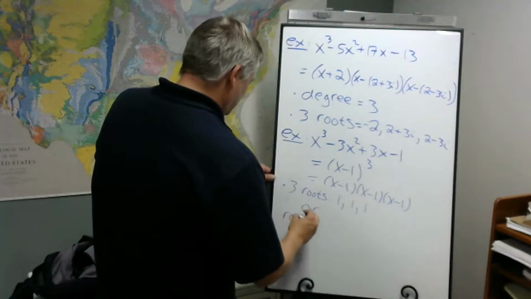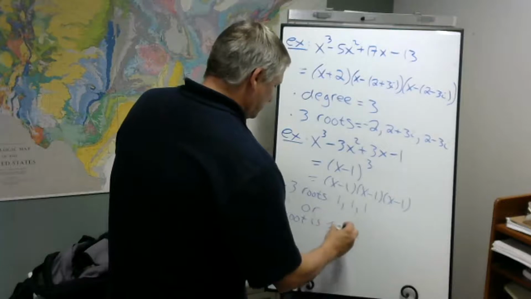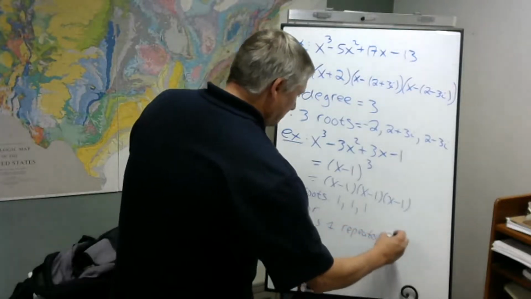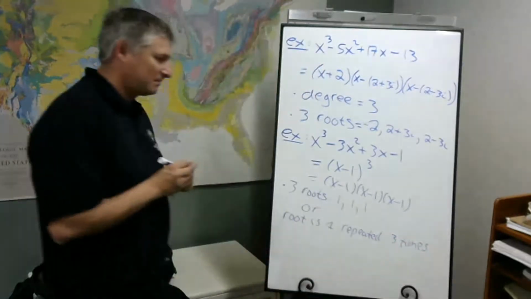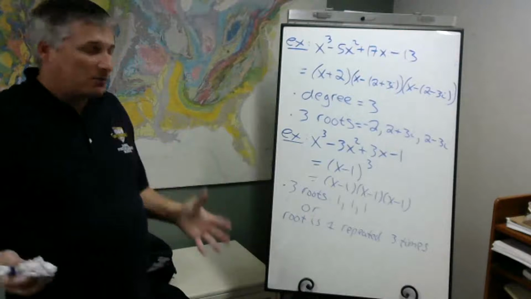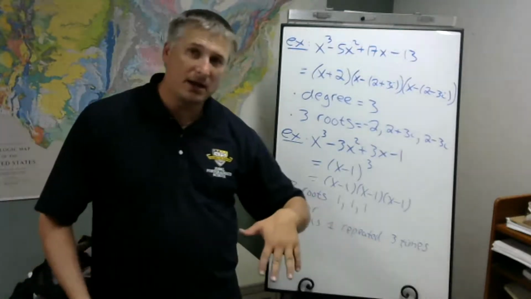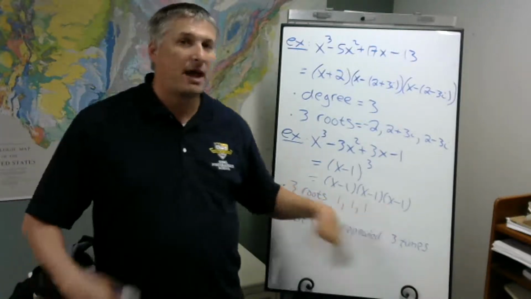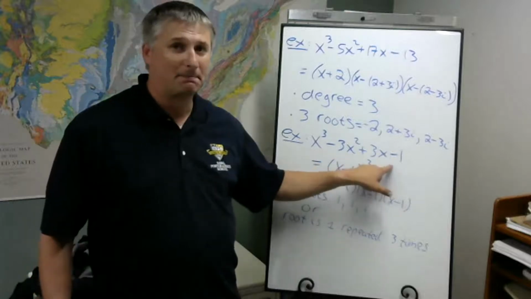The root, singular, is 1 repeated 3 times. Either way you think of it as 3 roots of 1 or 1 repeated 3 times, here's the thing. These 3 factors have to be there to multiply to give you that.